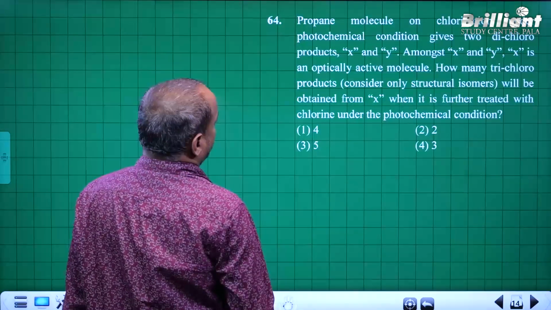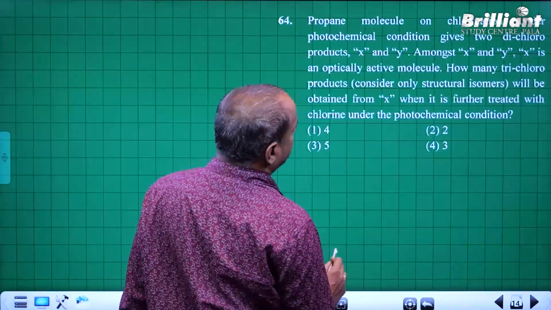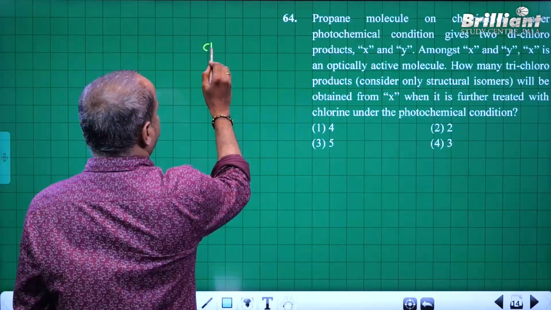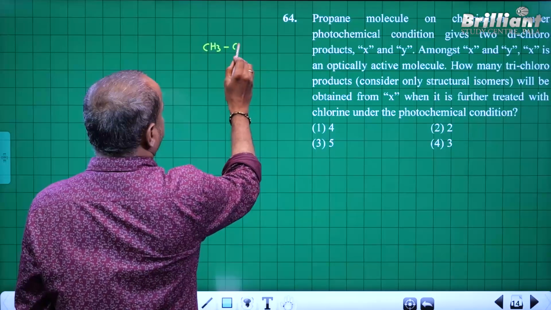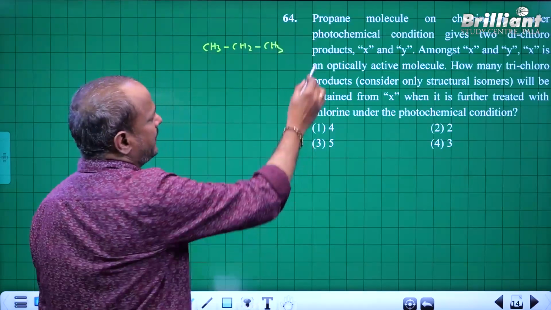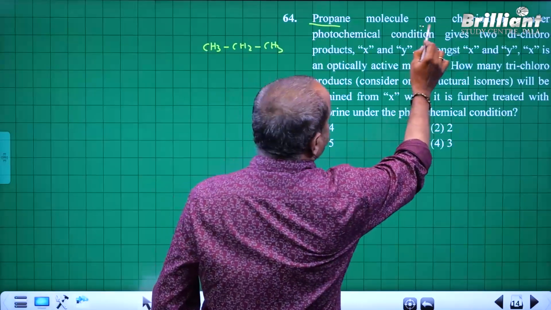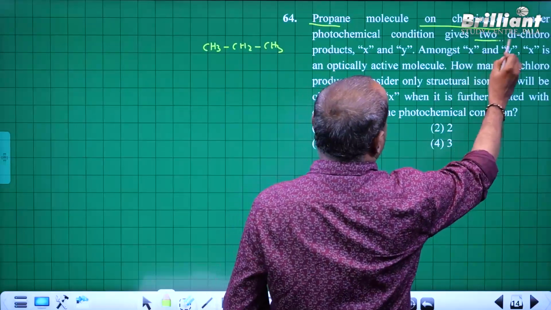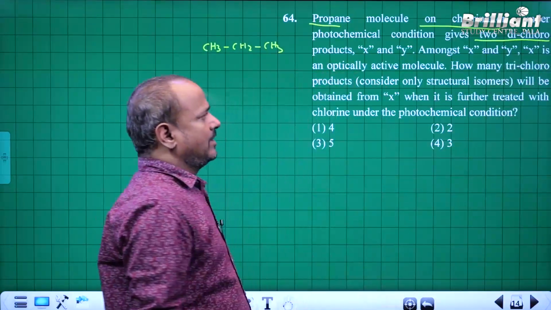So, propane CH3 CH2 CH3, on chlorination under photochemical condition, 2 dichloro products.